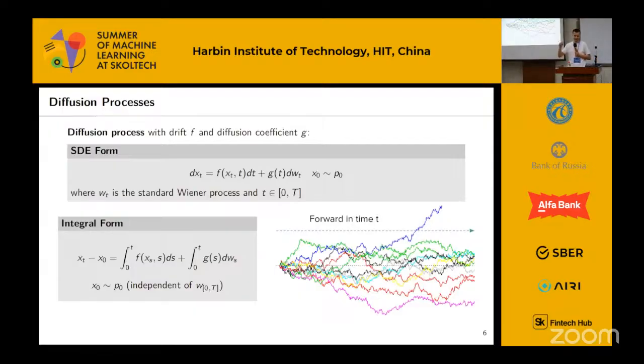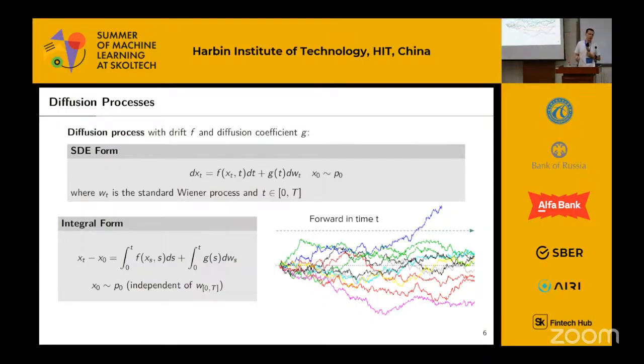Basically, it's a Gaussian process in which the drift is equal to 0 and the diffusion coefficient is just some constant value. Here is an example of trajectories which primarily resemble this Wiener process, the Brownian motion.